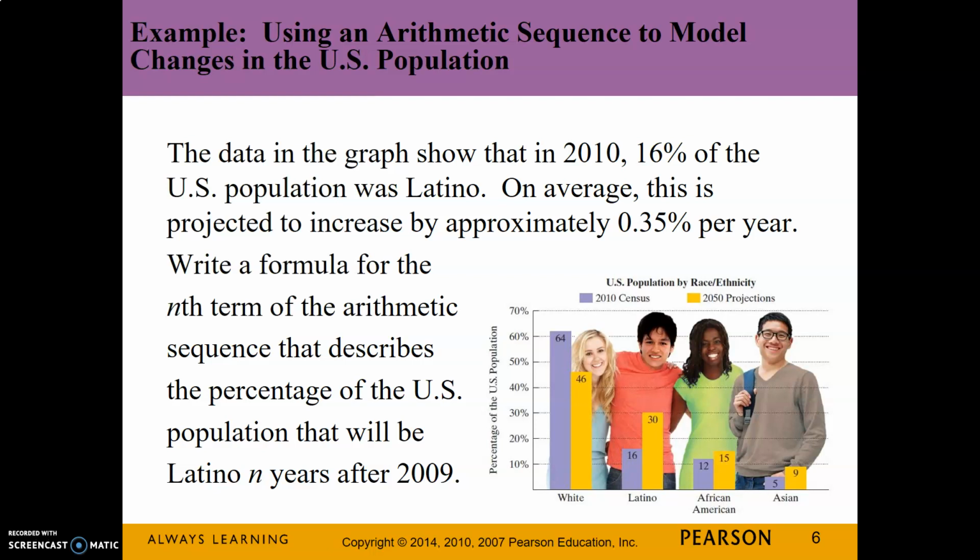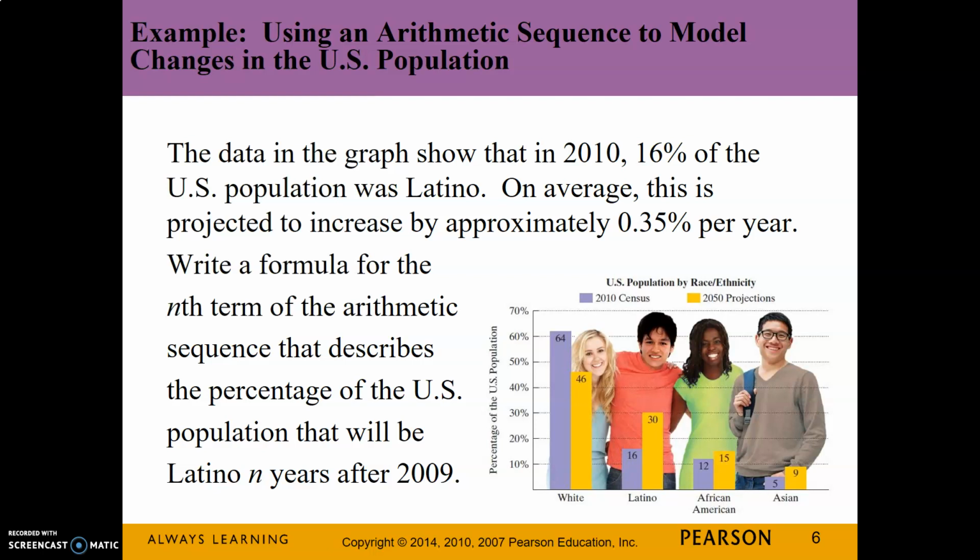But from the 2010 census, we knew in the United States 16% of the population was Latino. On average, that was projected to increase by about 0.35% every year. Because every single year it's going to go up the same percentage amount, even though it's a percentage, the amount of the percentage is the constant. So this does represent an arithmetic sequence.